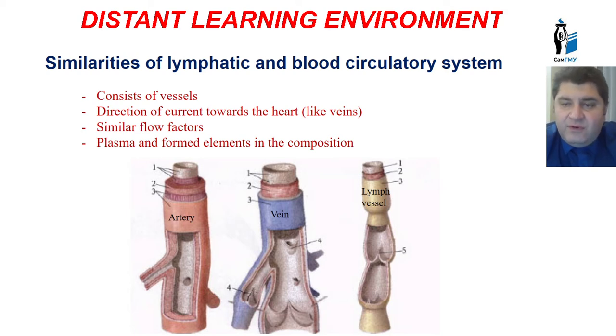In number 4 you may see the valves in a vein, and in number 5 you may see the valve in a lymphatic vessel. And next, the liquid inside this vessel contains plasma and formed elements.